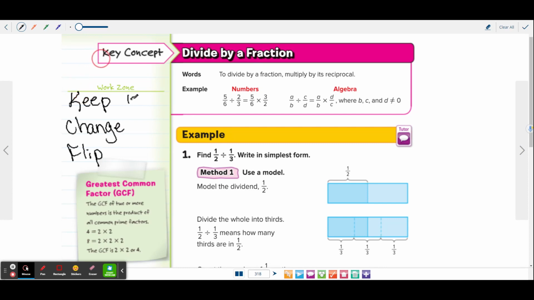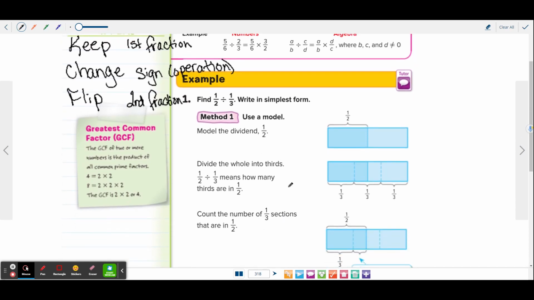So we keep the first fraction, we change the sign or the operation. So instead of dividing, we're multiplying, and then we flip the second fraction. We want its reciprocal. So we flip that second fraction, okay? So this is showing the model like what we did yesterday.